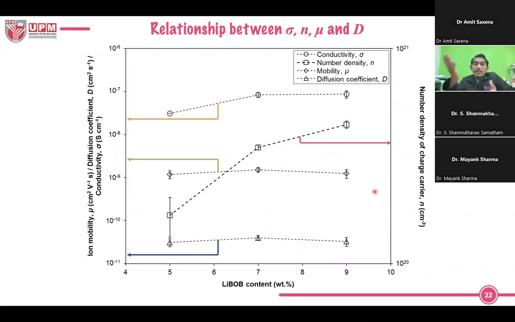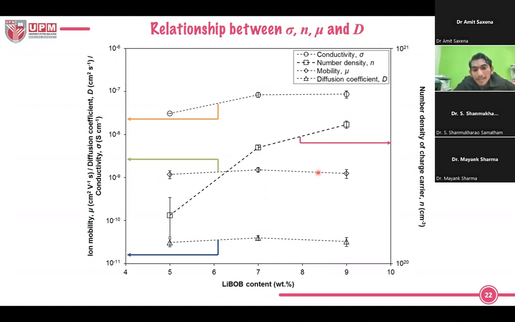When we add more LiBOB salt, the salt will dissociate into Li plus and BOB minus. So when we have more LiBOB, we have more Li plus and more BOB minus. That's why the number density of charge carriers increases.